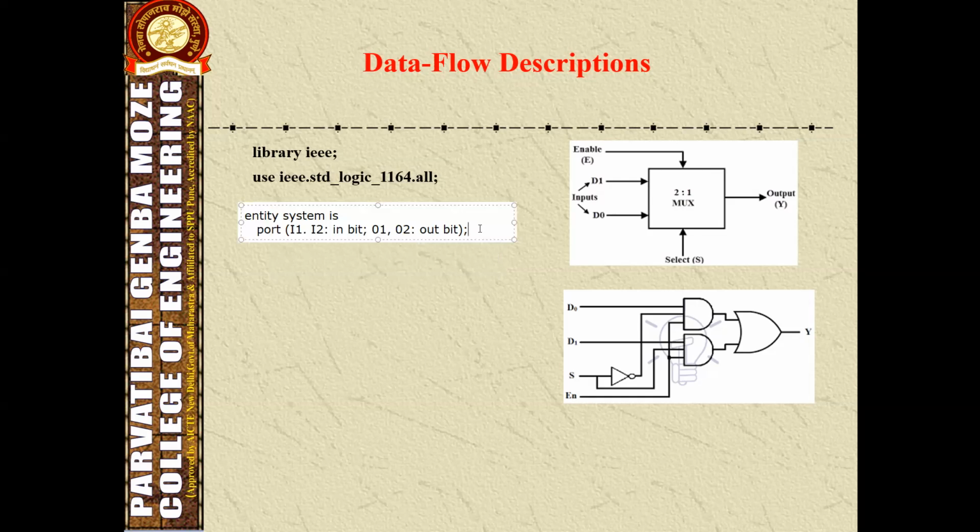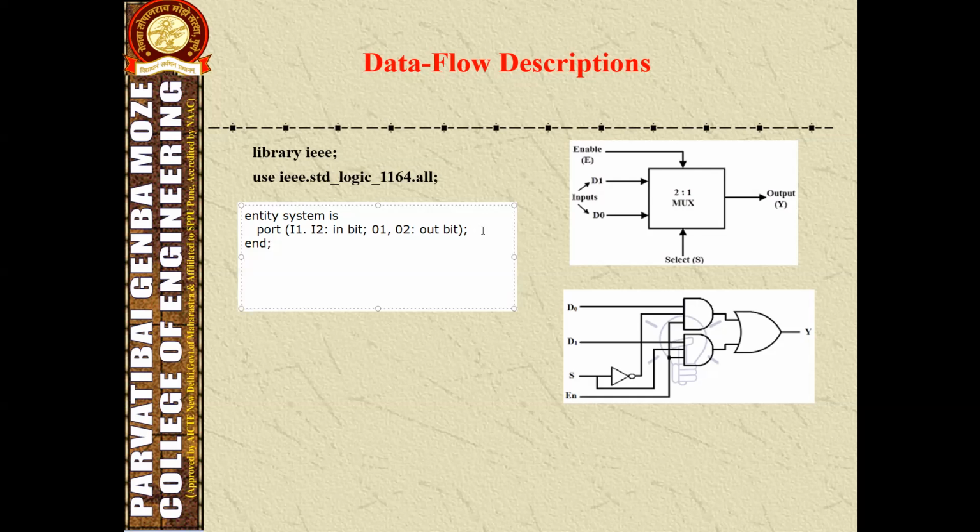Today we are going to see how the data flow architecture, or data flow description, works. After assigning the ports, the entity should end with the predefined word end.